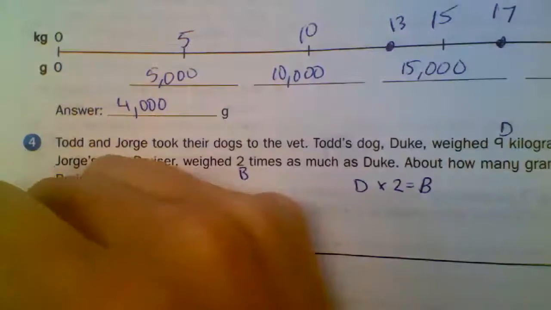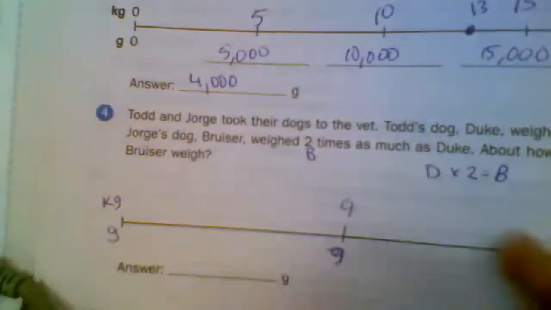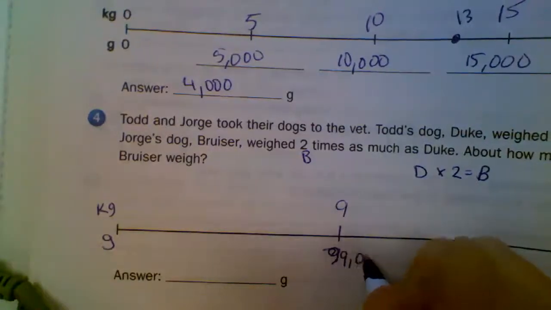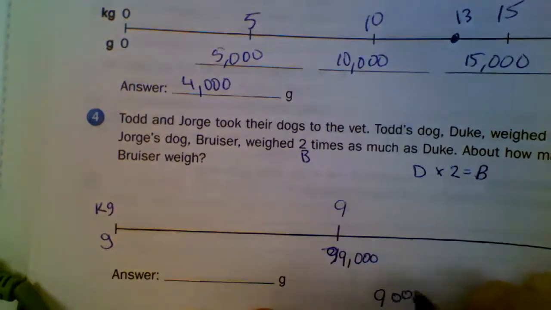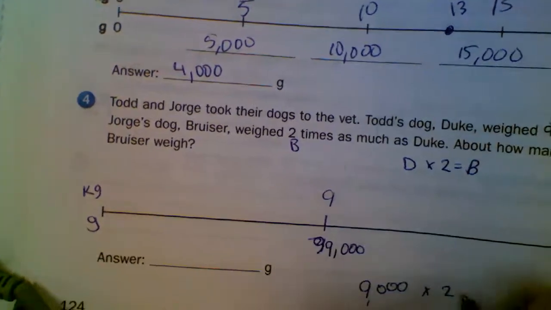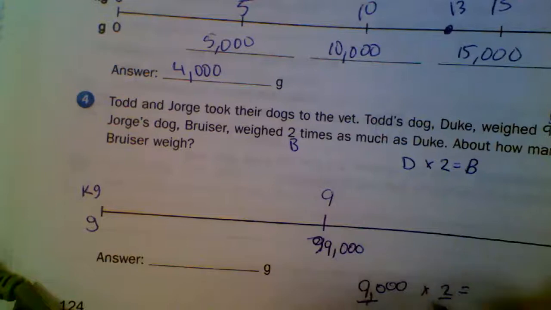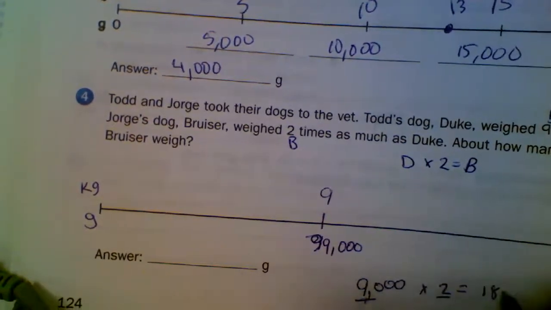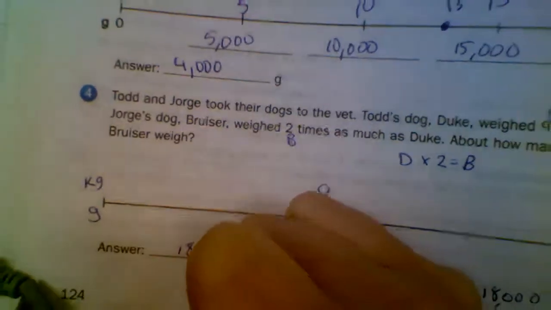Kilograms go on top, grams on bottom. 9 is 9,000. So 9,000 times 2 equals, what's 9 times 2? 18. Count your zeros. 1, 2, 3. 18,000 grams.